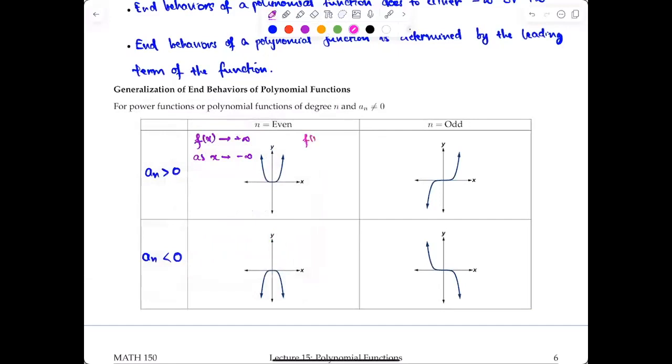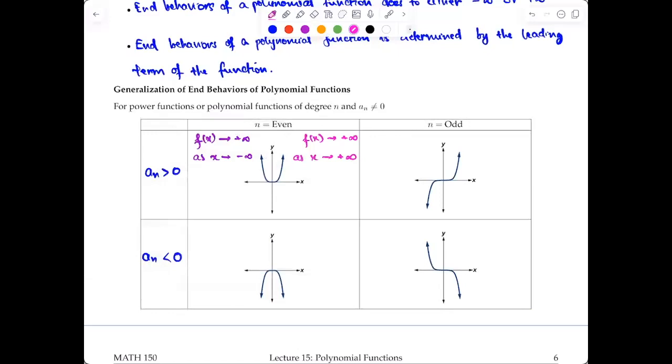And in this case, f of x goes to positive infinity as x goes to positive infinity. So it's a lot easier to describe the end behavior using graphs.